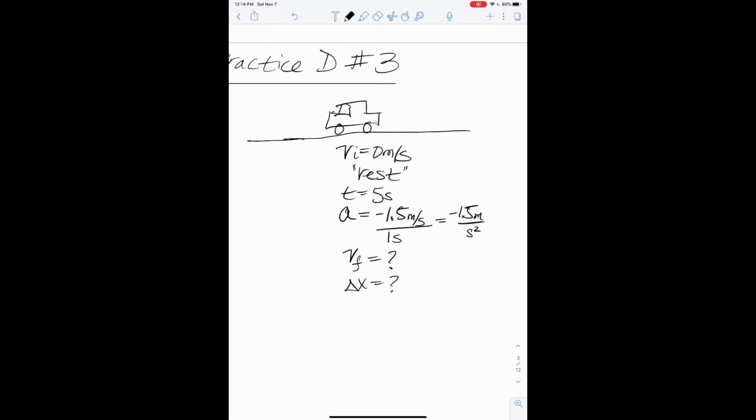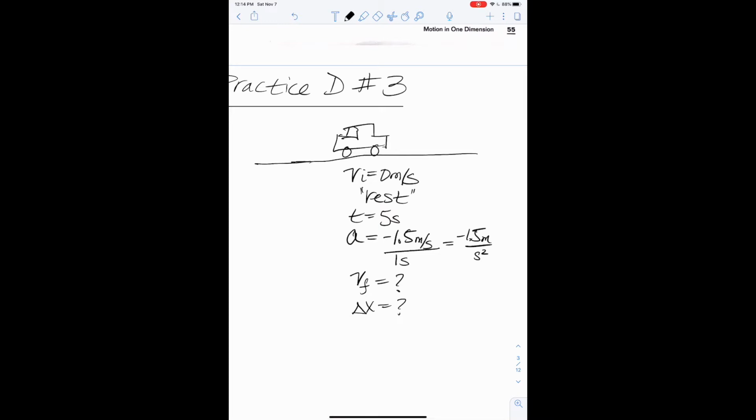So what I'm saying here is the acceleration, sometimes I like to draw it up here, is equal to negative 1.5 meters per second squared. All right, good. And so we want to know, what is this VF?